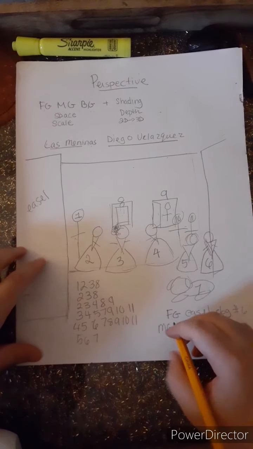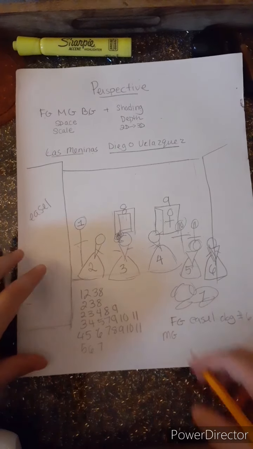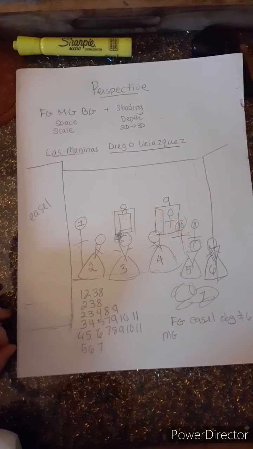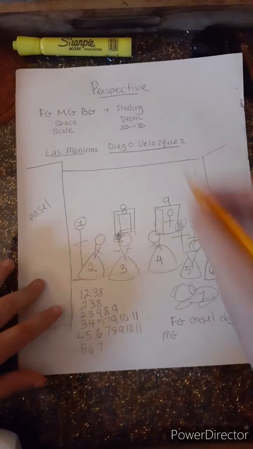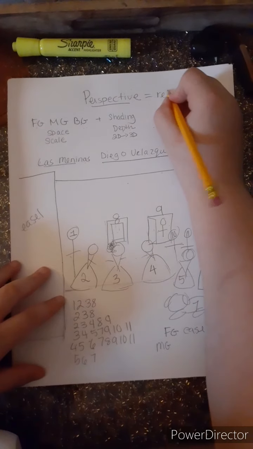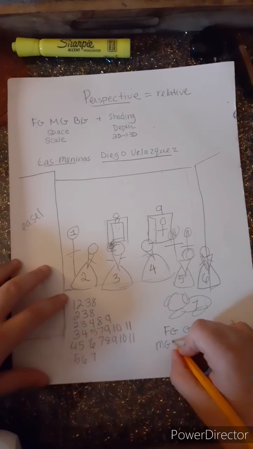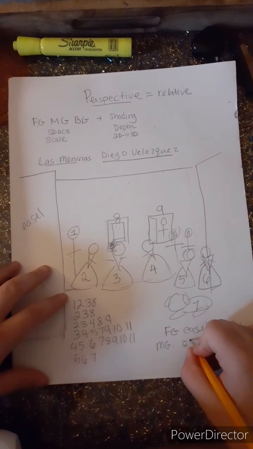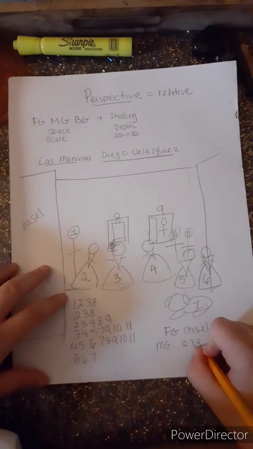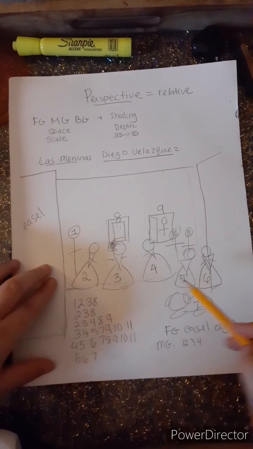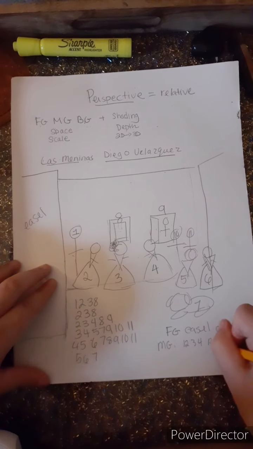remember, this is actually relative, because that's what perspective is all about. Perspective is relative. So the middle ground, without breaking the painting apart, is 1, 2, 3, and 4. Again, it's relative.